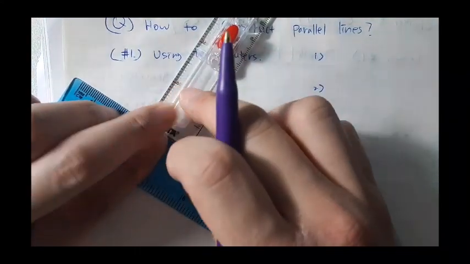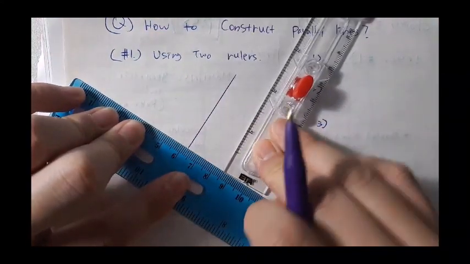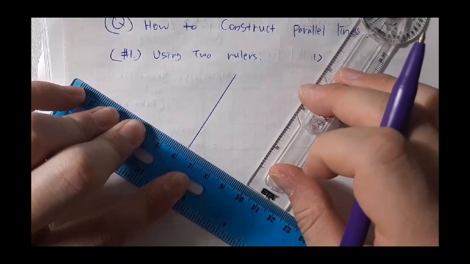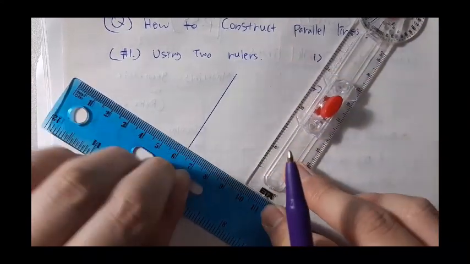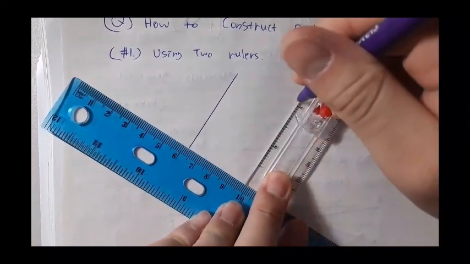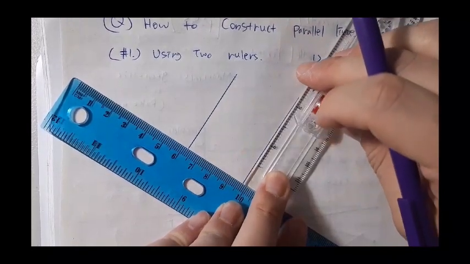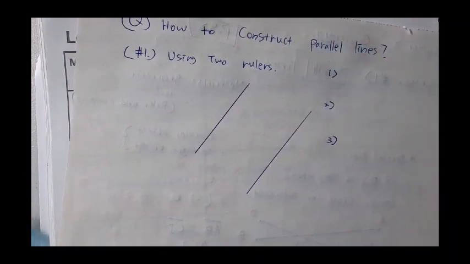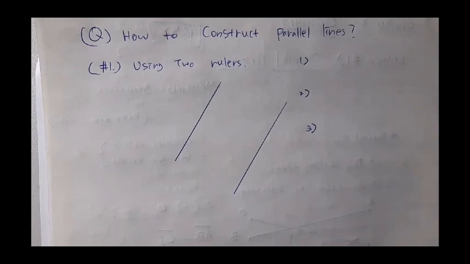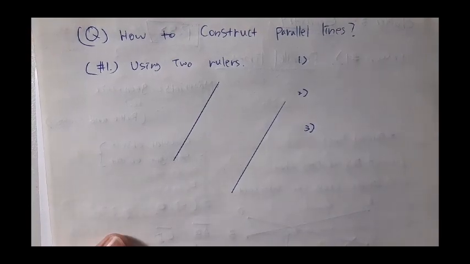Draw one line and then slide to some other section below, in this case, and create another line. And what do you know? Voila! We have parallel lines.